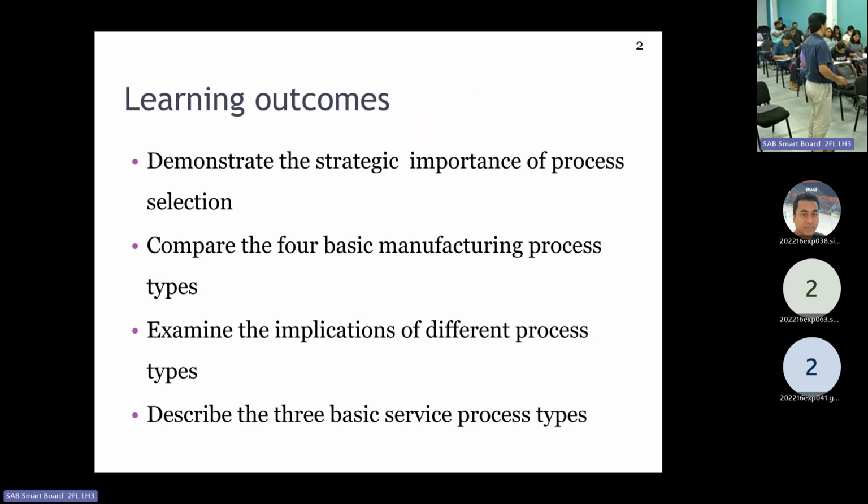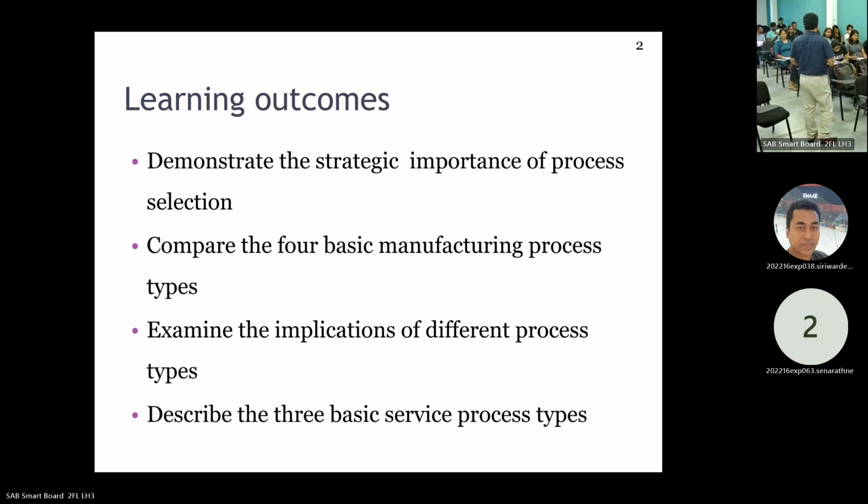To identify what we mean by process selection in operations management and the strategic importance of this decision for businesses of different nature. And then identify the different processing types available for manufacturing organizations, and then, of course, for service organizations.